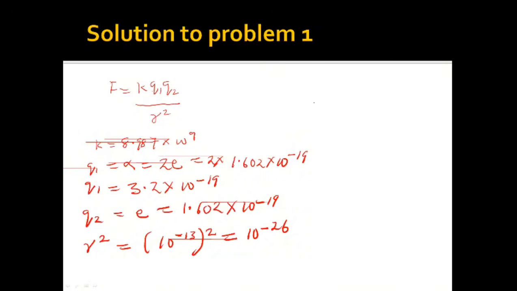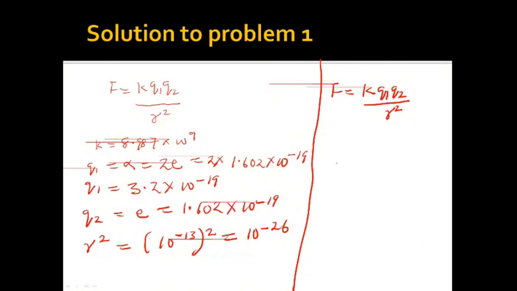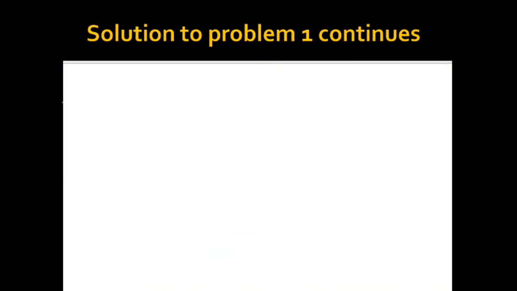Now, if I decide to make a cut from here and use the other side, I can say that F from there is equal to K Q1 Q2 all over R squared. Now that means my F is equal to, I think this is small for the write-up. Let's use the next board of solution.